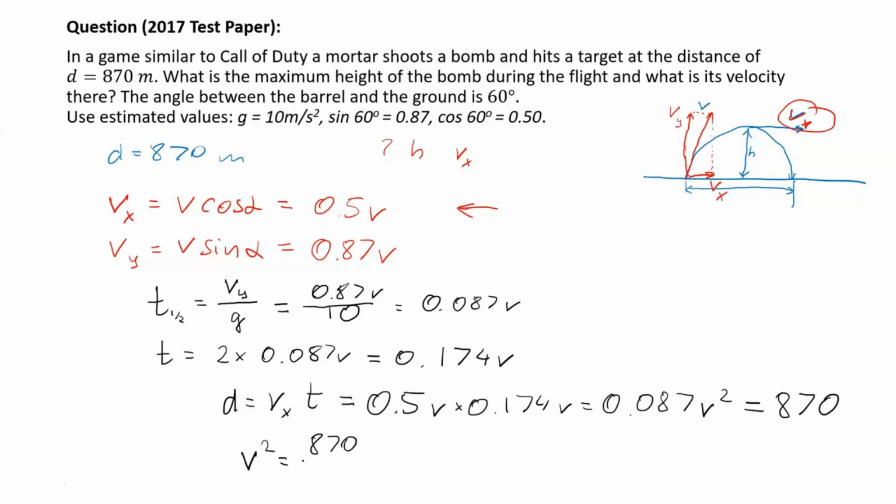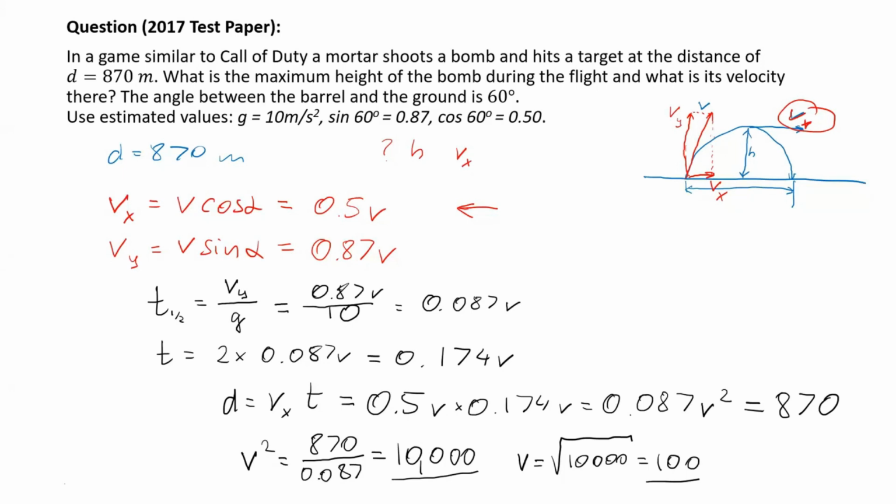This is 10,000. Okay, 10,000, that's v squared. So v without the square will be the square root of 10,000, and the square root of 10,000 is 100. Actually the same velocity we had last time.